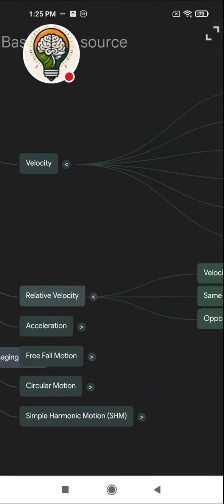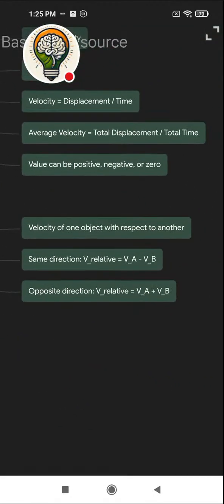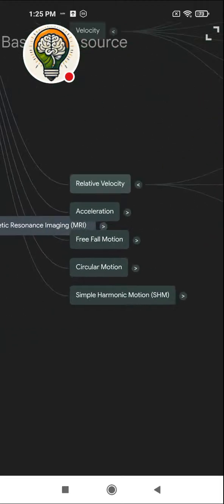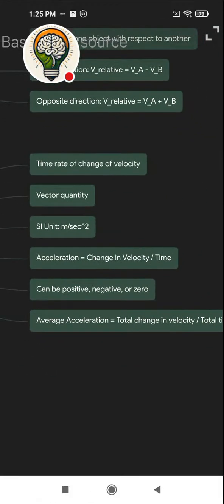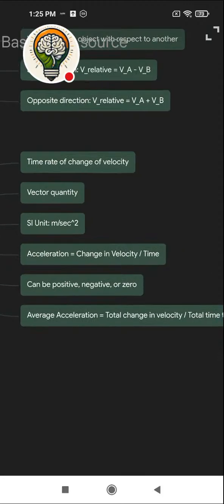Then the relative velocity, so velocity of an object with respect to another object in the same direction, v relative equals va minus vb, and in opposite direction, v relative equals va plus vb. Then the acceleration, so rate of change of velocity, a vector quantity, SI unit meter per second square, and acceleration equals change in velocity by time, and can be positive, negative, or zero.